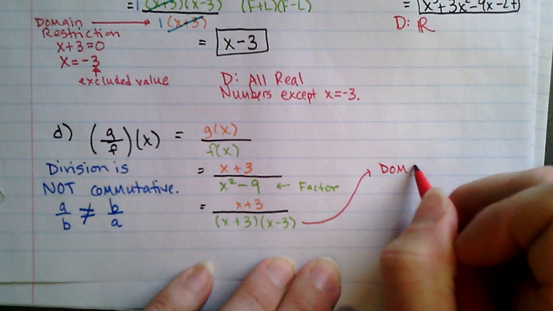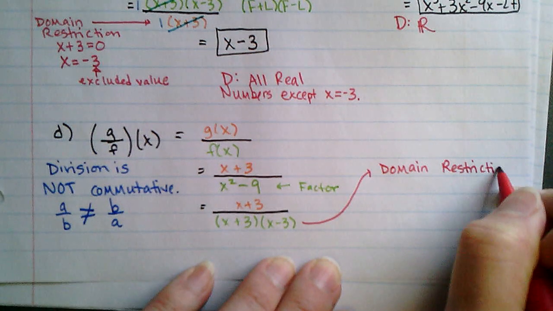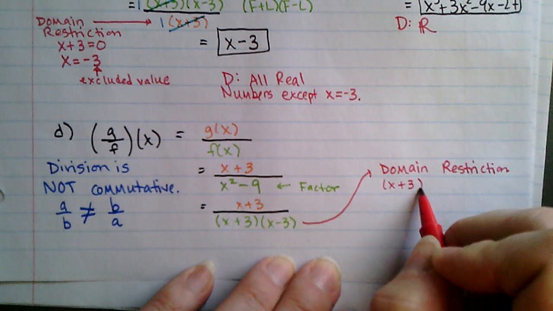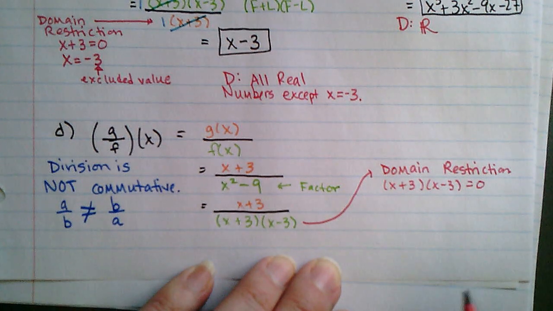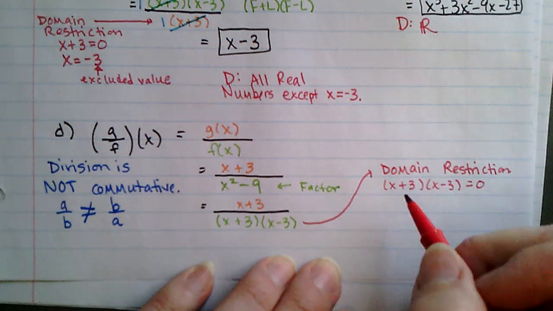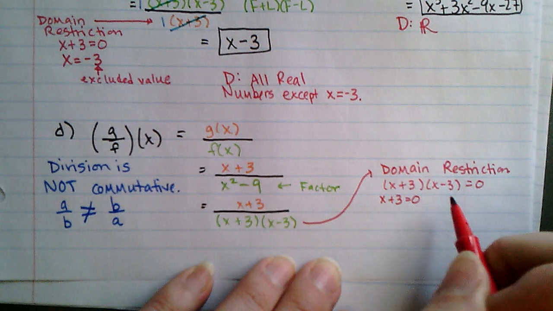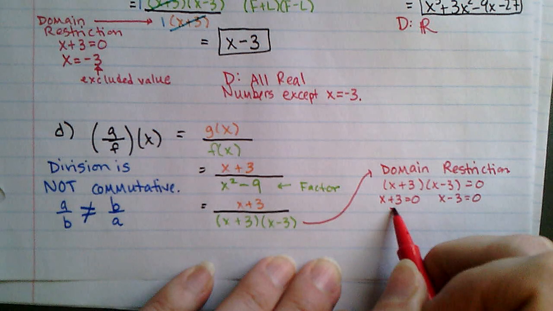So my domain restrictions are going to come from setting the denominator equal to 0. So I set x plus 3 times x minus 3 equal to 0. And remember, the zero product property says I would take x plus 3 equal to 0 and x minus 3 equal to 0. Solve for x.